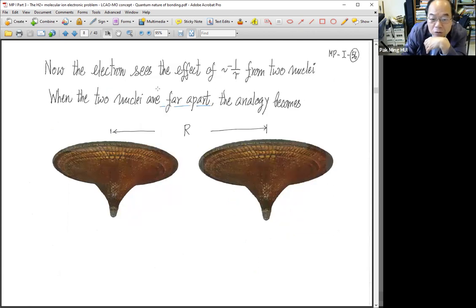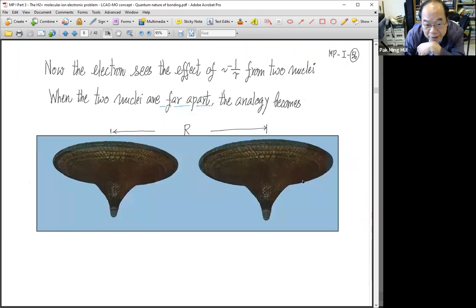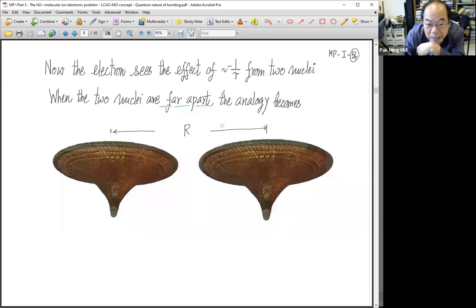But now I have 2 of them. If they are very far apart, it's something like this, far apart. Now you can imagine, I would need to try different separations, right? Shorter and shorter. So it is minus 0.5, add to minus 0.5, it is minus 1. So it's even lower, all right?